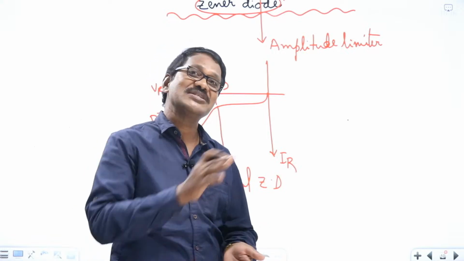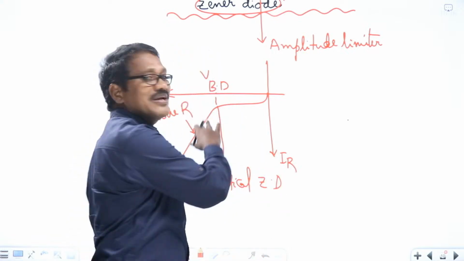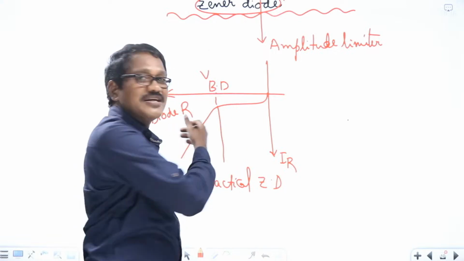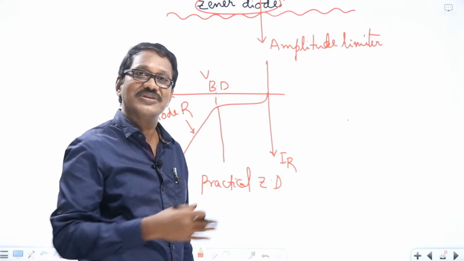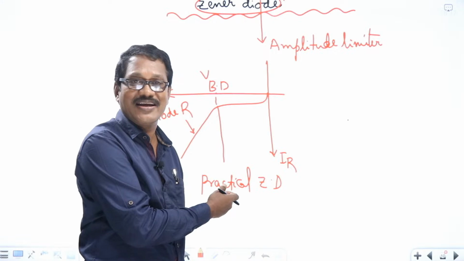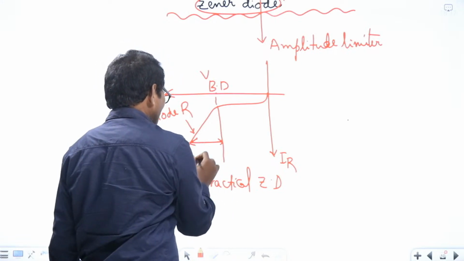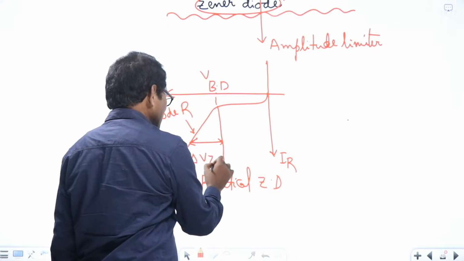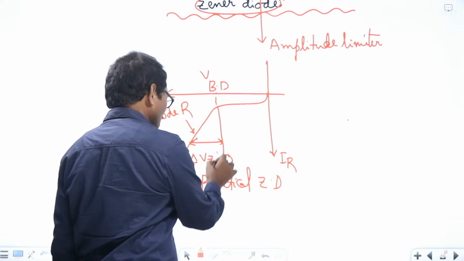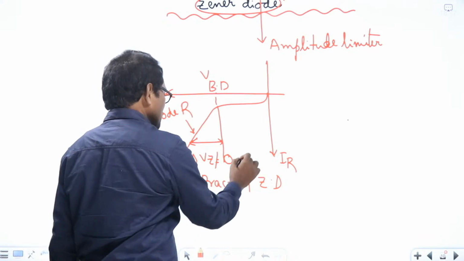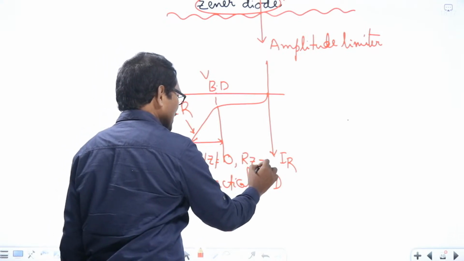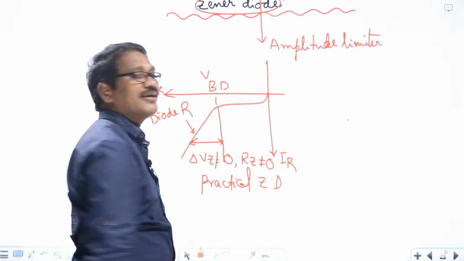To overcome this diode resistance, the voltage must be increased. As a result, an exponential increment in current through the Zener diode is observed practically. So for a practical Zener diode, delta Vz, the change in Zener voltage, is not equal to 0, and Rz, the Zener dynamic resistance, is also not equal to 0.